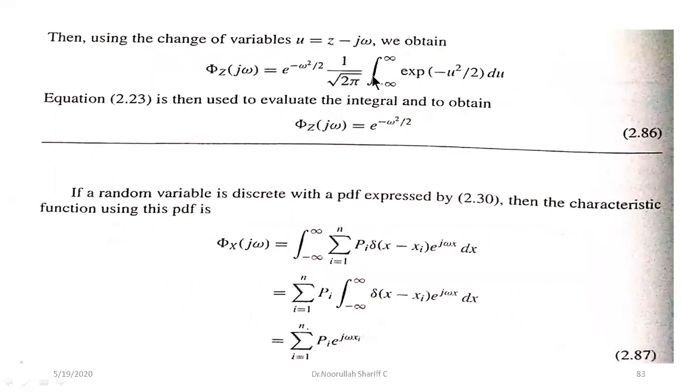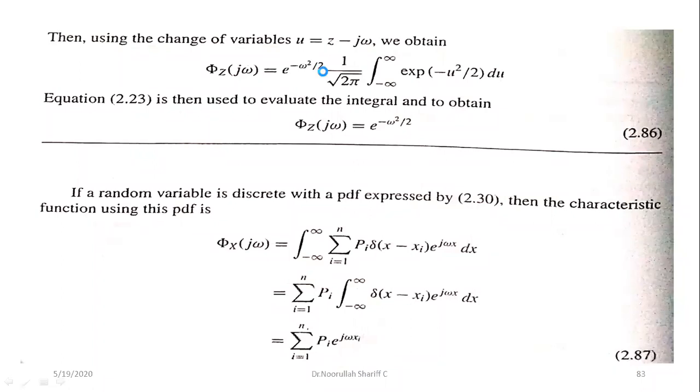So you can see that this turns out to be equal to 1. This is just the total probability under the curve, and that term's value equals 1, and hence we are left with e to the power of minus omega squared by 2.